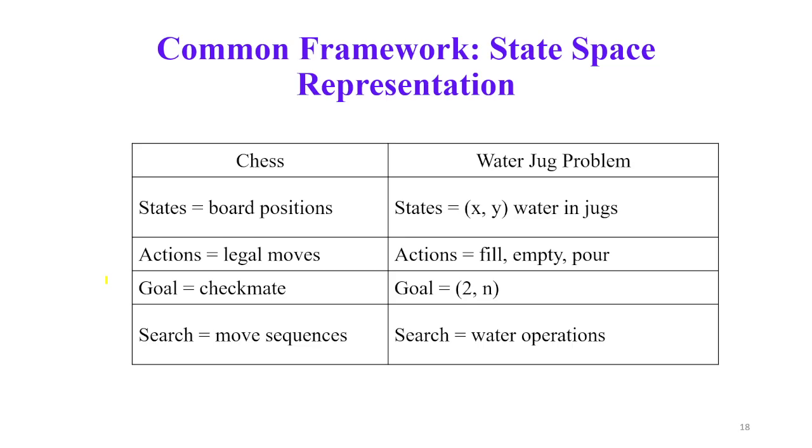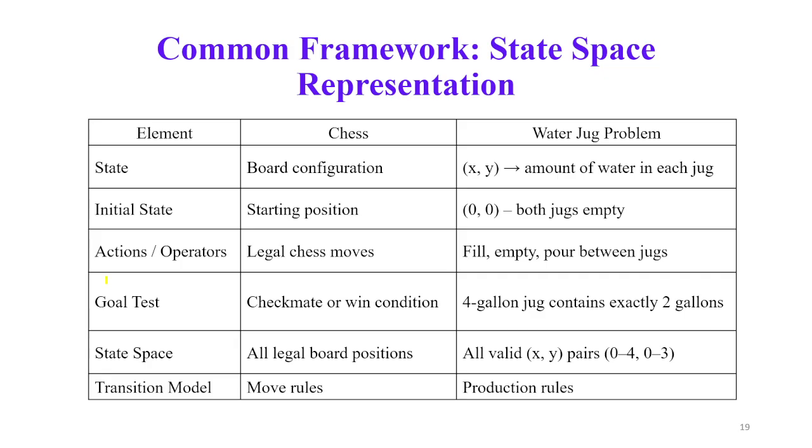Next, finally, this is the complete state space framework. For any kind of problem, it might be chess or a water jug problem, what all do we have to consider? We have to see the state, the initial state, the actions or operators, the goal state, the state space, and finally the transition model.